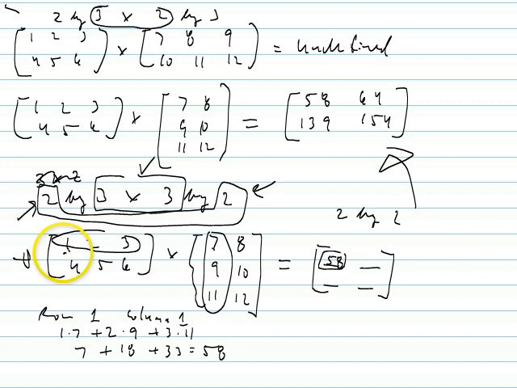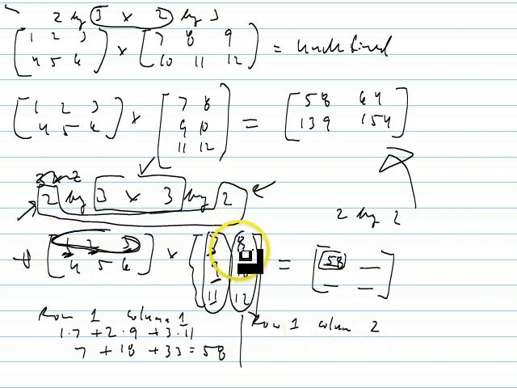So I put the 1, I multiply the 1 by the 7, I move to the right here, so the 2, this one goes down, multiplied by 9, and 3 gets multiplied by 11, and that goes there. To get this top right element, which is row 1, column 2, I do the same thing, but this time I use row 1 in the left-hand matrix and column 2 in the right-hand one.